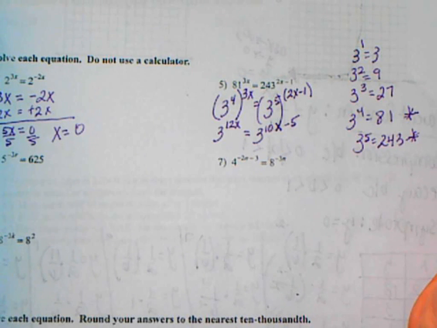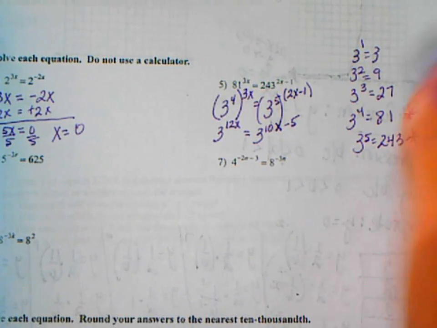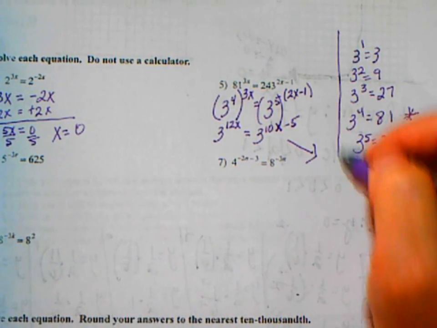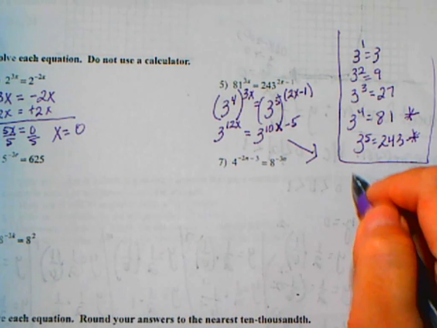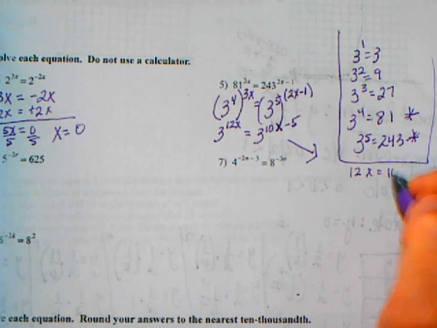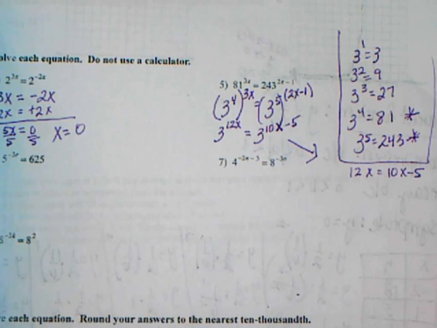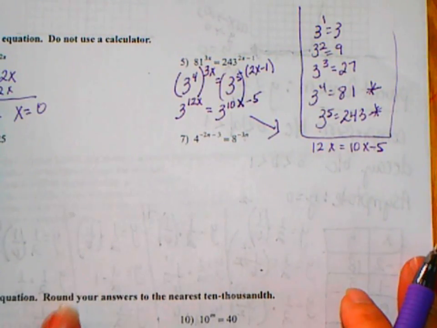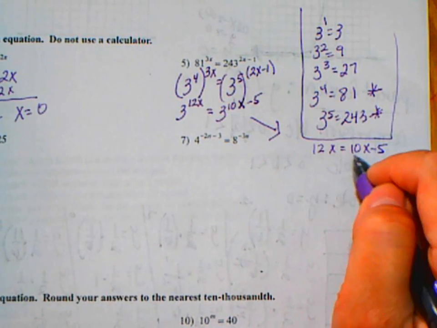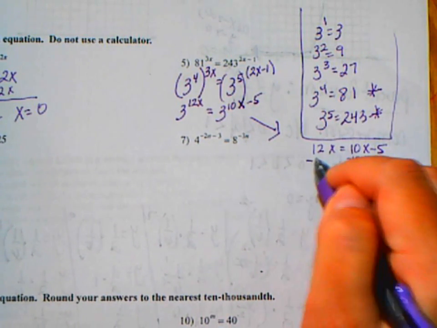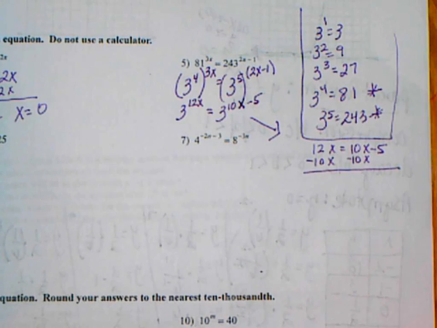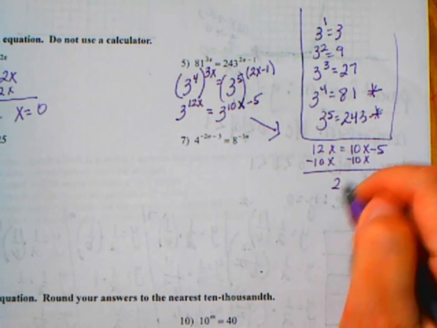And I'm running out of room, so I'm going to go over to the side. Once my bases are equal, then my exponents must be equal. So I'm going to set my exponents equal to each other and solve for the variable. So in this case, I'm going to get my x's together, so I'm choosing to subtract 10x from both sides. 12x minus 10x is 2x.